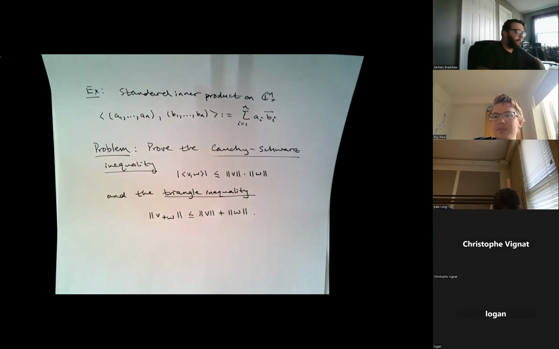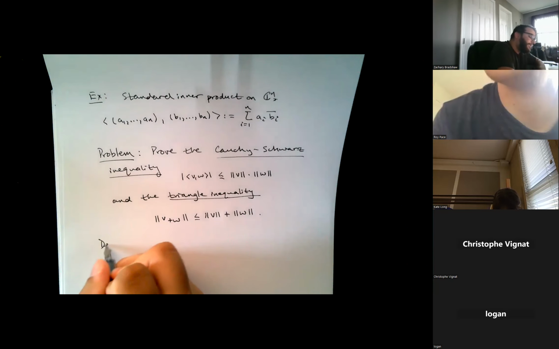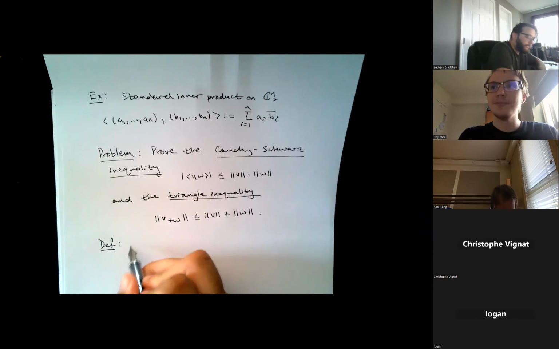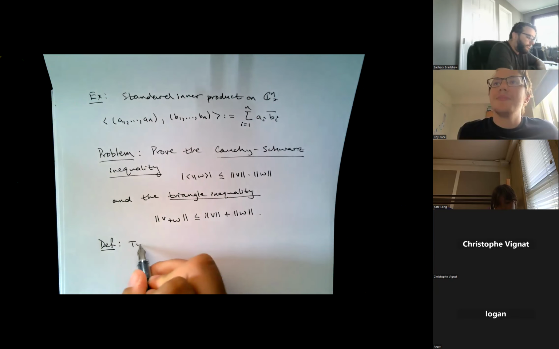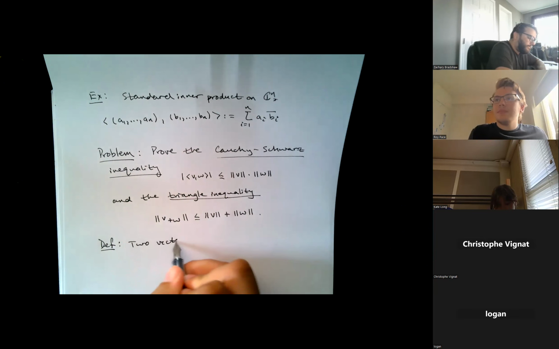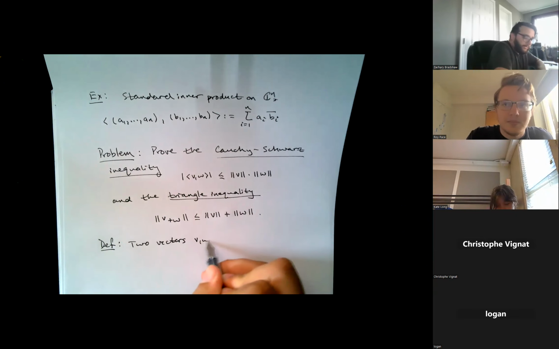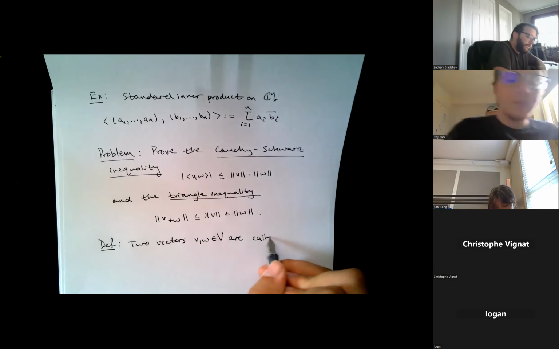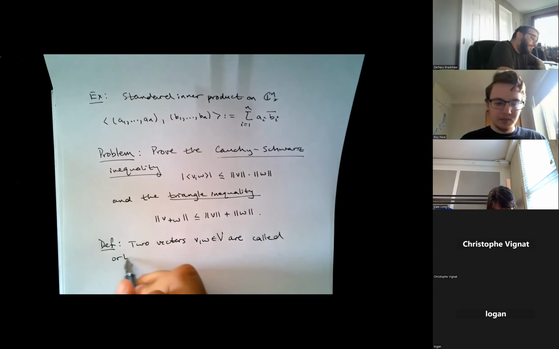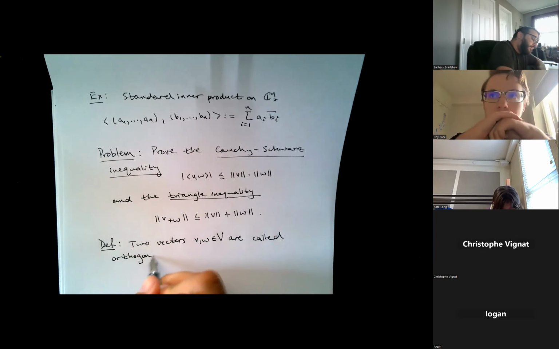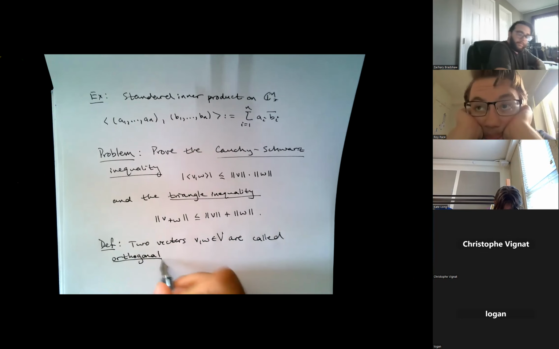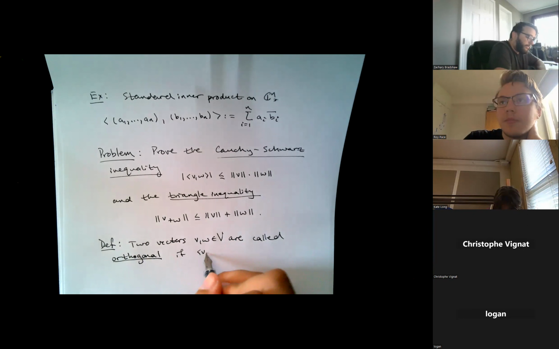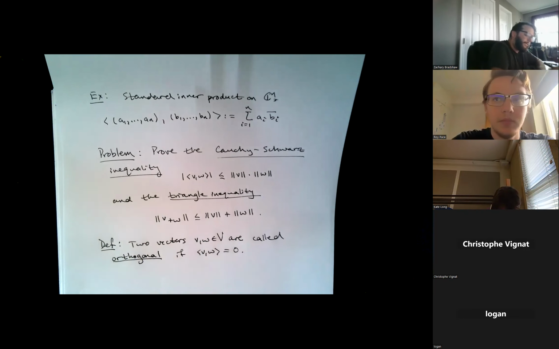Okay, here's a definition. Now that we have an inner product, two vectors v and w are called orthogonal if the inner product of v with w is equal to 0.